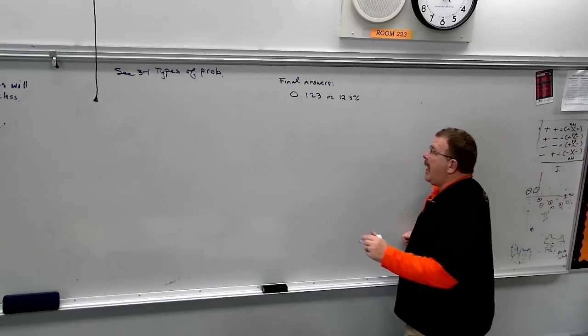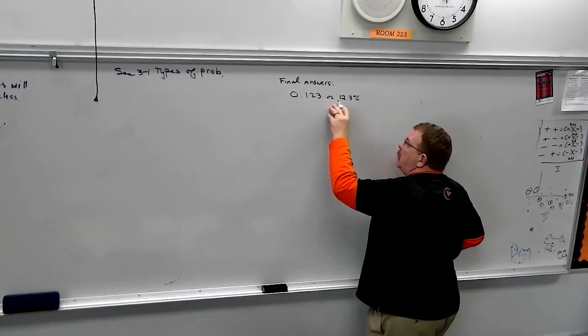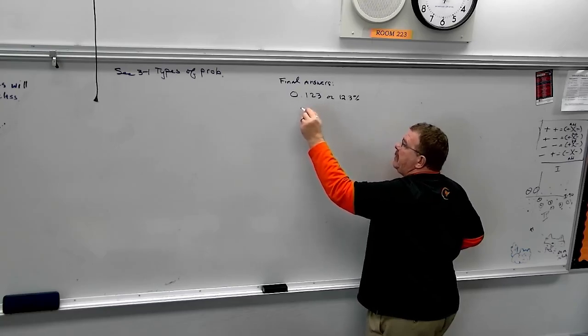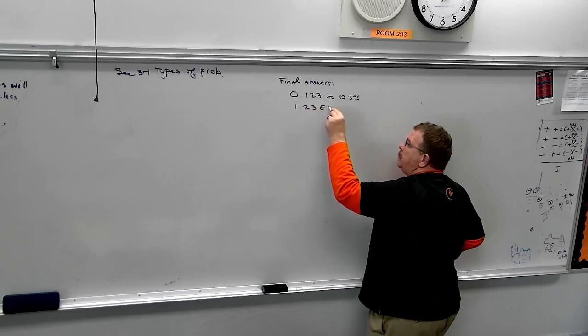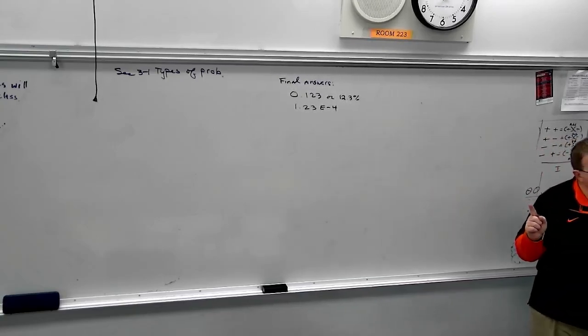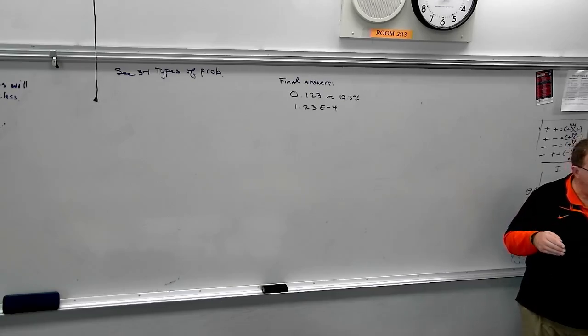Now, some of your calculators are going to do this today. When your probabilities get real small, you might see this on your calculator. If you see 0.000 on your calculator, that doesn't mean your answer is 0.